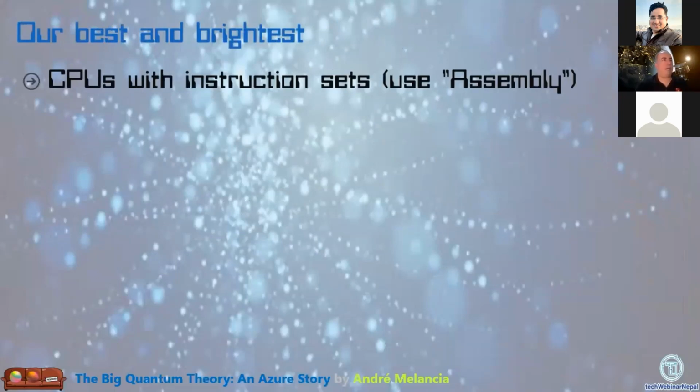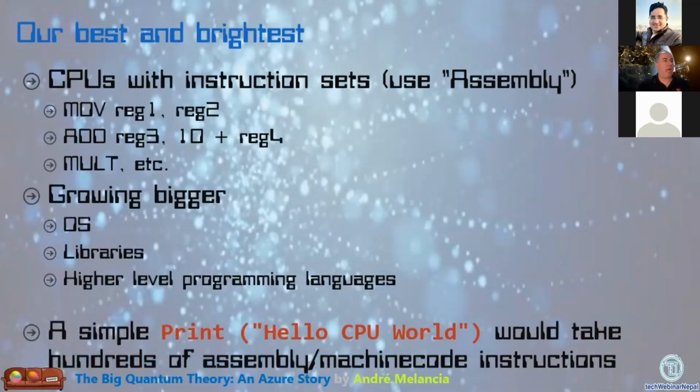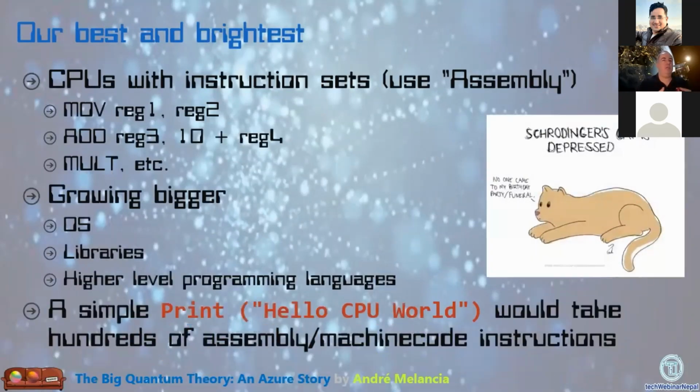I also want to mention that, coming from what we've learned so far, when you have a normal computer, you grow from machine instructions or assembly, and then you have some operating system, some libraries, some drivers, etc., all the way up to higher level programming languages that you use, let's say C# or anything graphical that shows images on Windows or on Linux.